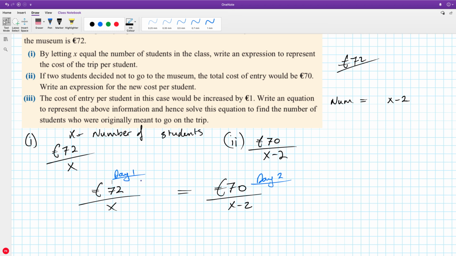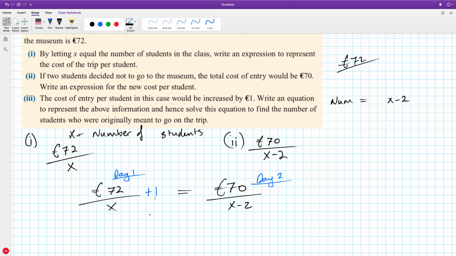So at the moment, is our left hand side and our right hand side equal? No. This side is 1 bigger. So what do we have to do to make it equal? We've got to add it. We've got to add it. This now becomes 72 over X plus 1.